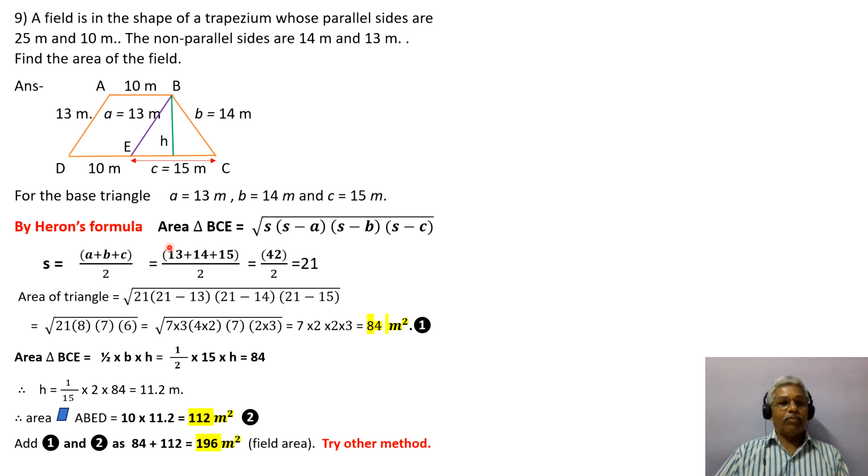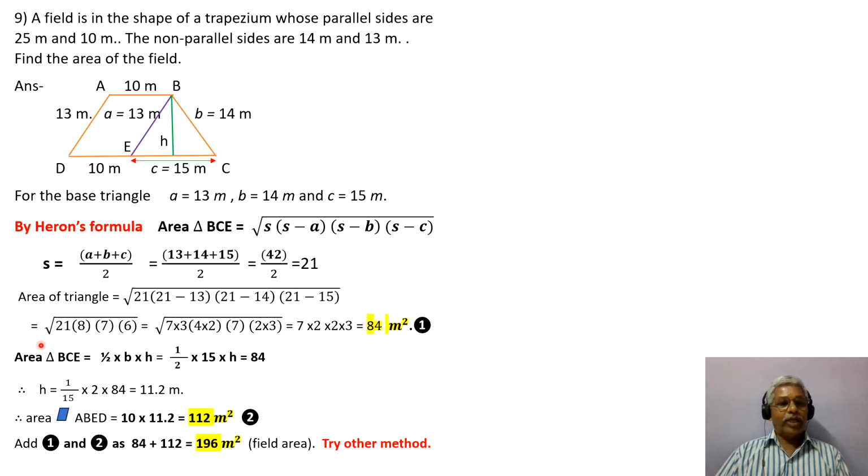So by Heron's formula, area of triangle BCE is equal to root of S into S minus A into S minus B into S minus C, where S equals A plus B plus C upon 2, that equals 13 plus 14 plus 15 upon 2, or 42 upon 2, that is 21. Substituting this value, area of triangle equals root of 21 into 21 minus 13 into 21 minus 14 into 21 minus 15.